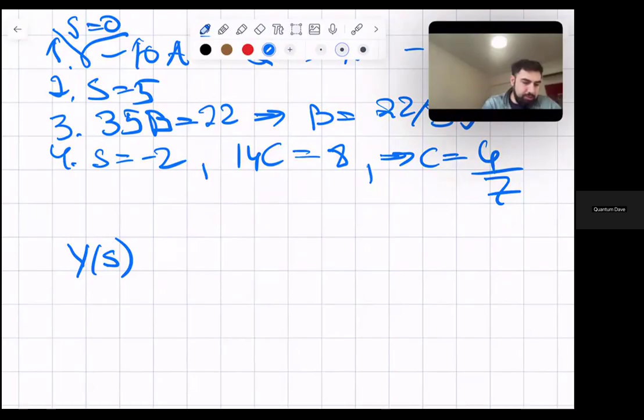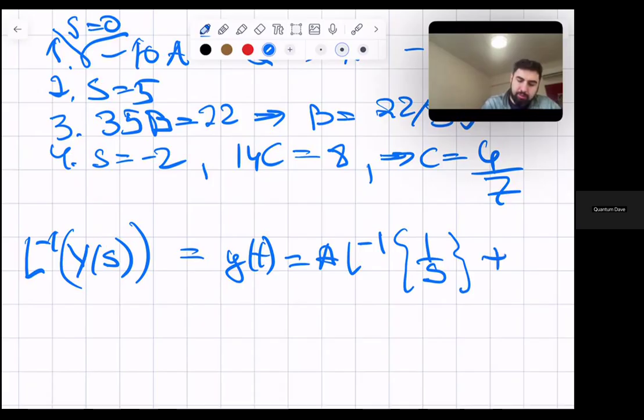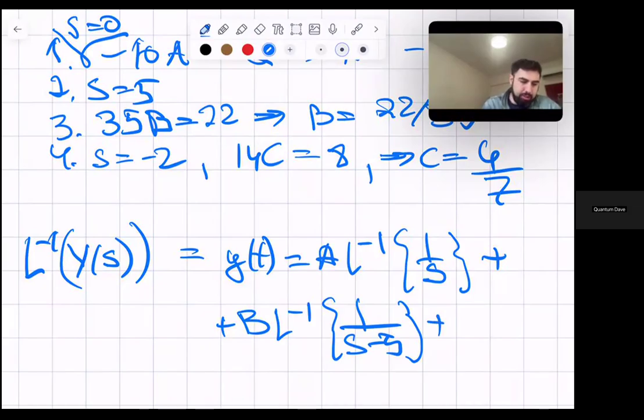Because if we perform the inverse Laplace transform on this term, we will get the original solution, which is A times L inverse of 1 over s, plus B times L inverse of 1 over (s minus 5), plus C times L inverse of 1 over (s plus 2).